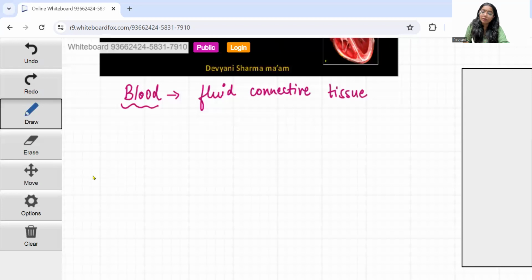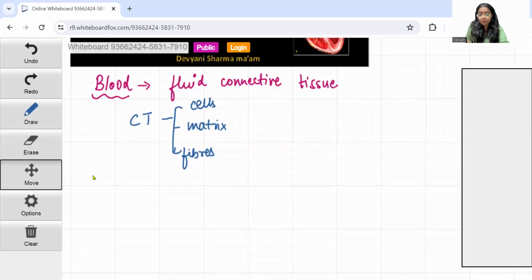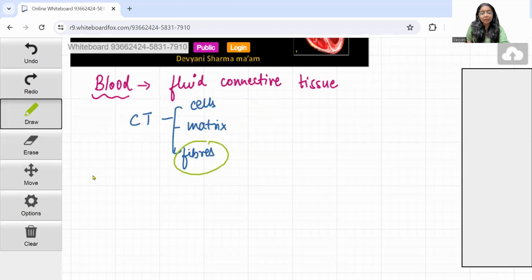Connective tissues have three main components: the cells, the matrix, and the fiber. But the speciality of blood is that it does not have the fiber. So I can say that blood is actually a fiberless connective tissue.